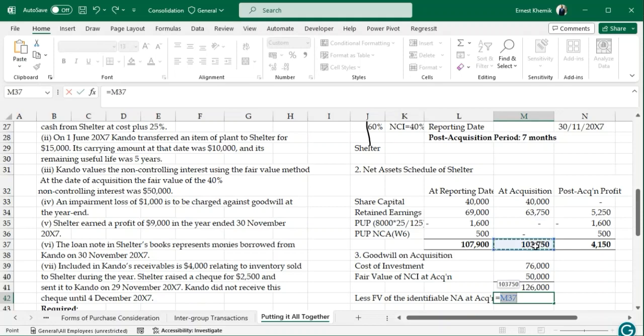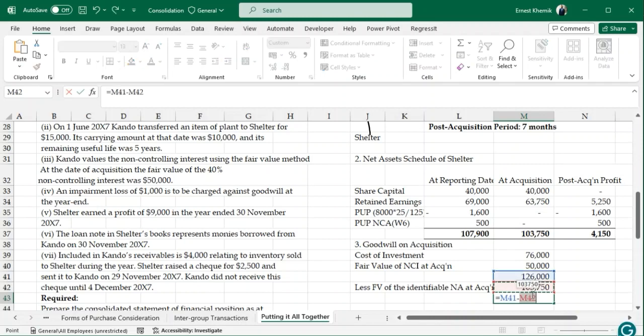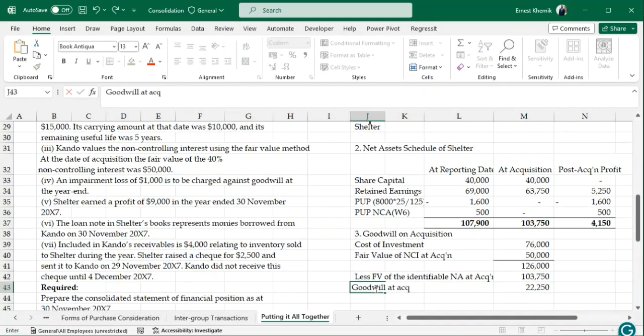So that is the value we are having there, and then the difference between the total value of the business as a whole, which is the 126,000, minus the fair value of the identifiable net assets at acquisition, will give us our goodwill at the acquisition date.